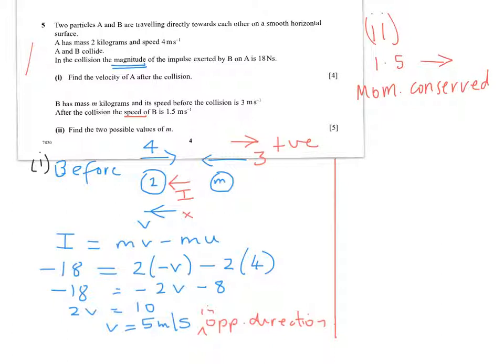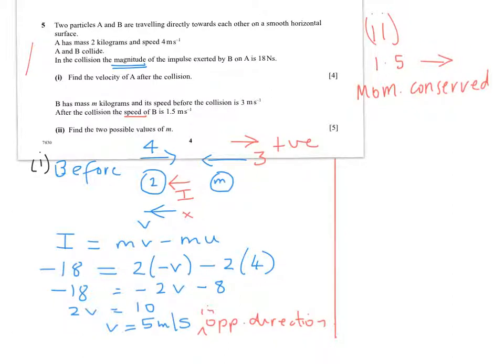I always explain where the equations come from. So that means the total momentum before will be equal to the total momentum afterwards. So if we go to our velocities before along with the masses, that's going to give a total momentum equivalent to what it is afterwards, with our v to the left and our 1.5 to the right.